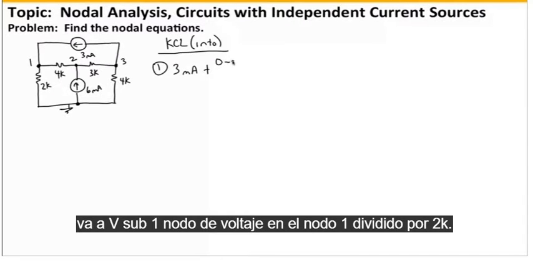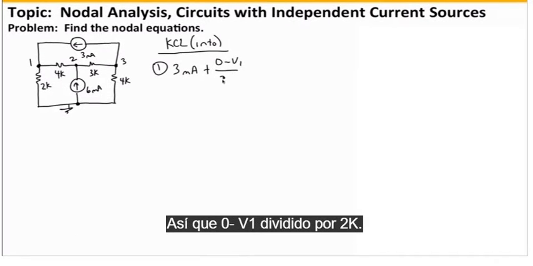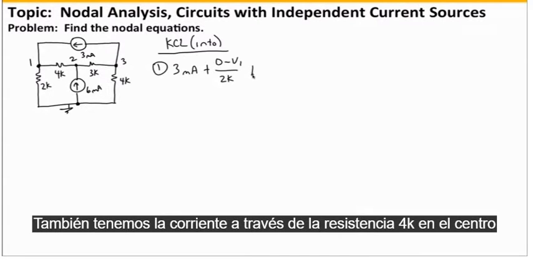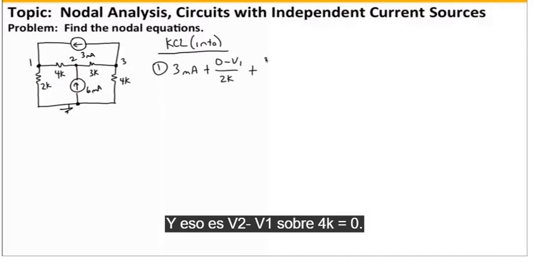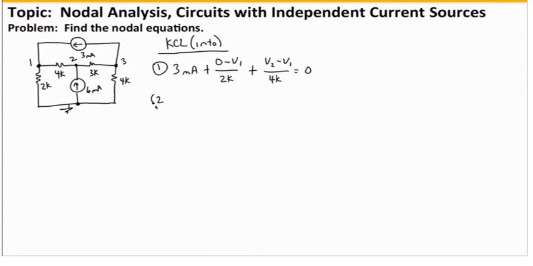So it's 0 minus V1 divided by 2K. We also have the current through the 4 kilo ohm resistor in the center of the circuit, flowing from node 2 to node 1. And that's V2 minus V1 over 4 kilo ohms, and the sum is equal to 0. So there's our first equation.